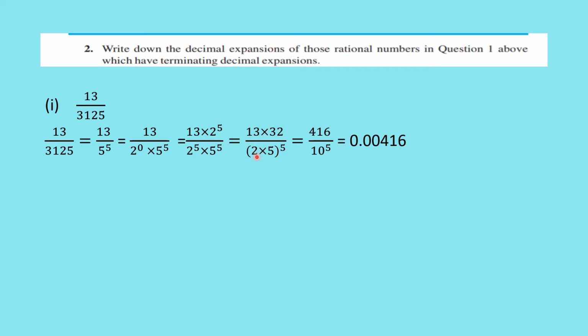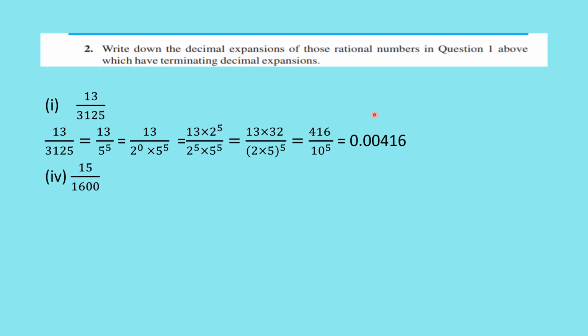Here you are using the law of exponents in the denominator, that is x raised to m multiplied by y raised to m can be written as xy whole raised to m. The same way 2 raised to 5 multiplied by 5 raised to 5 can be written as 2 multiplied by 5 whole raised to 5. That is 416 upon 10 raised to 5. Since the power of 10 is 5, the decimal expansion will have 5 decimal places.